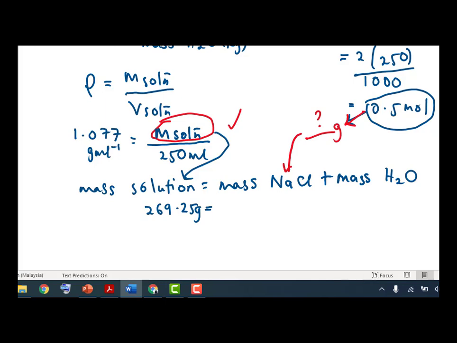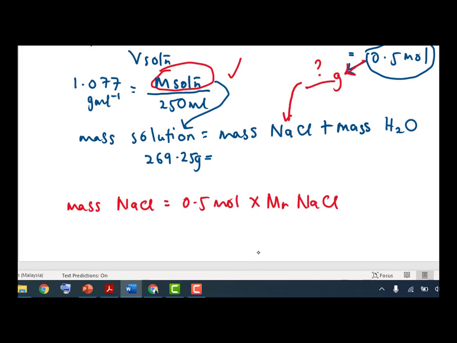Mass of NaCl equals 0.5 mole of NaCl times the molar mass of NaCl, which is 58.5 gram per mole.